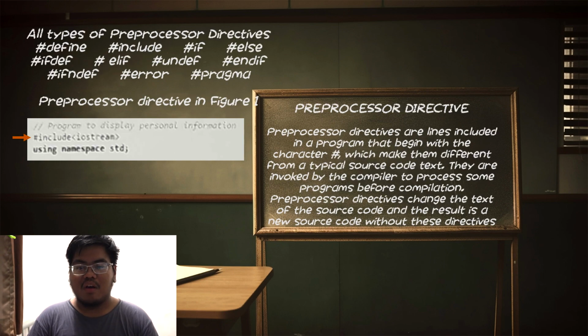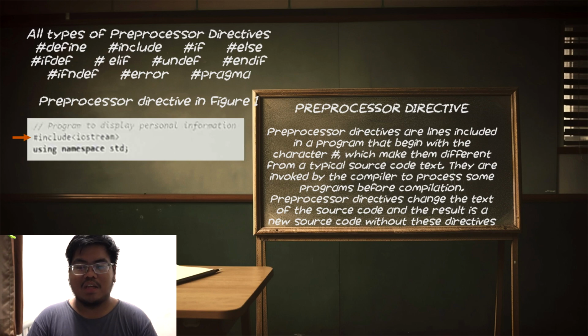Preprocessor directive. Preprocessor directives are lines included in the program that begin with the character hashtag, which make them different from typical source code text. They are invoked by the compiler to process some programs before compilation.